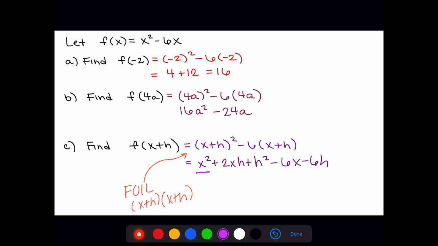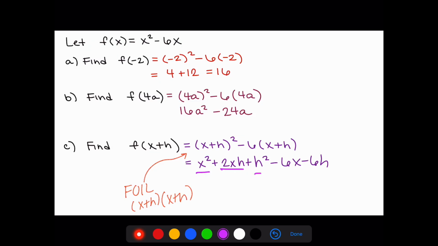Inner is xh. You add those together, you get the 2xh. Last is h squared. And then I distributed the negative 6. That gave me negative 6x minus 6h. There's no like terms, and so that expression is my final answer.